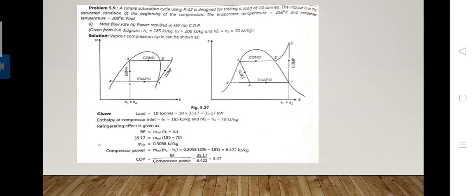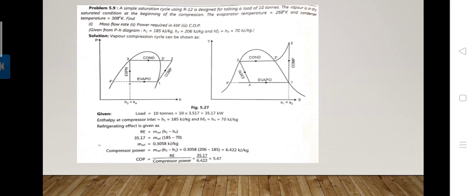Because at H2 there is the compressor outlet and at H1 there is the compressor inlet, and we have to calculate compressor power to run the compressor. That's why we take H2 minus H1. So the mass flow rate we just calculated, 0.3058, and H2 is equal to 206 minus H1 is equal to 185.